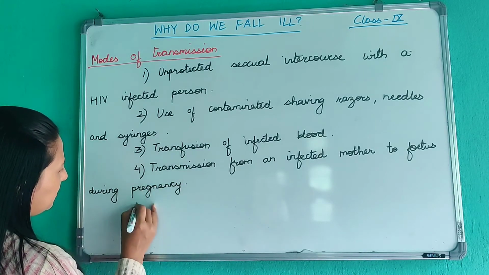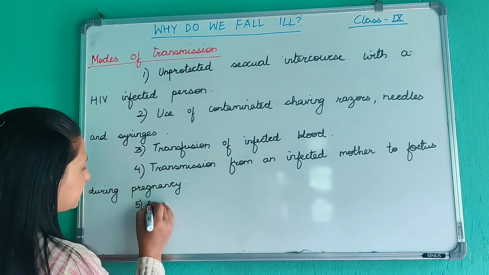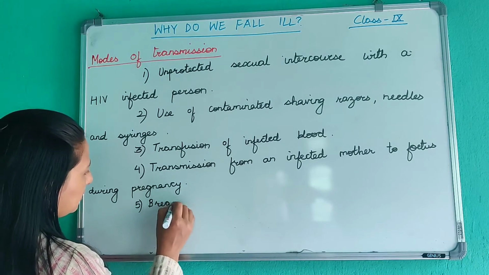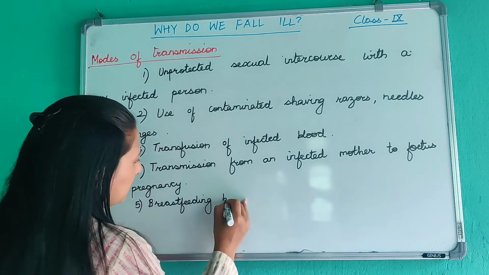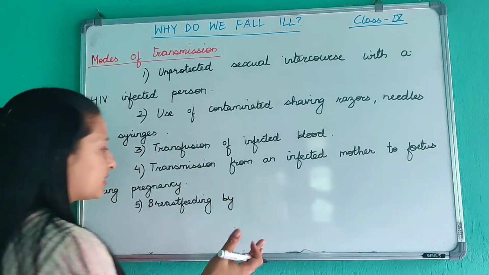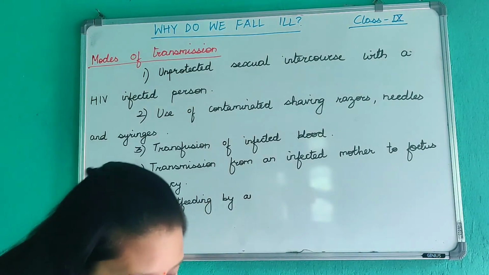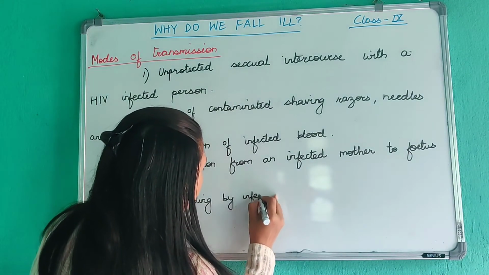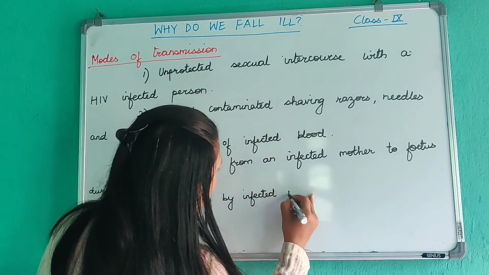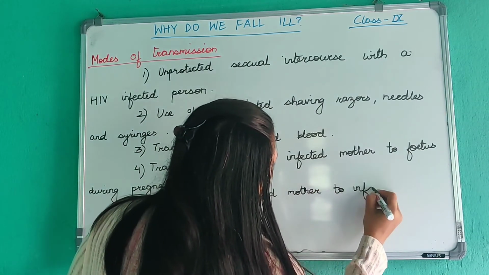The fifth mode of transmission is breastfeeding. When the mother breastfeeds the infant, then that also transmits the disease. Breastfeeding by an infected mother to the infant. Infant means the baby.